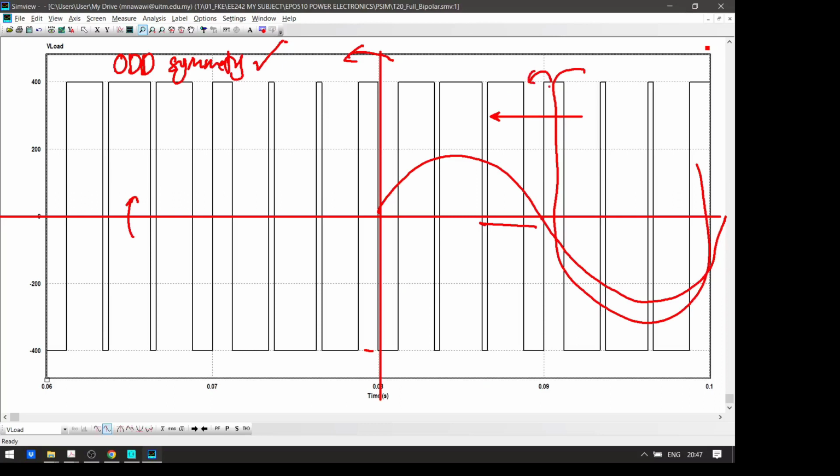You shift to the left half cycle, and then you reflect with respect to the x-axis again, and you will get the same waveform. Therefore this bipolar PWM is odd and half wave, and therefore the waveform is odd and quarter wave.